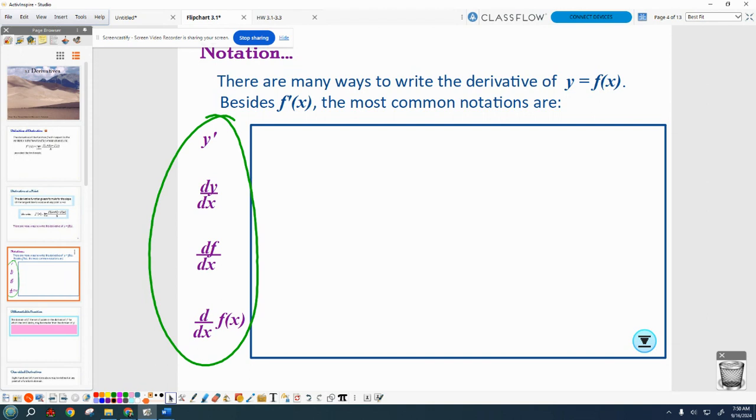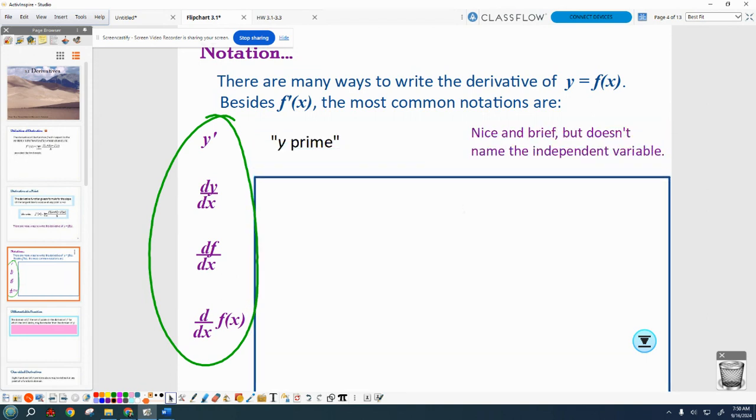I almost never say or write y prime, because the science teacher claimed that it doesn't tell you change with respect to what. In physics, when they got to angular velocity and the change of the angle over time, he said kids can't do it; they don't understand what's going on.